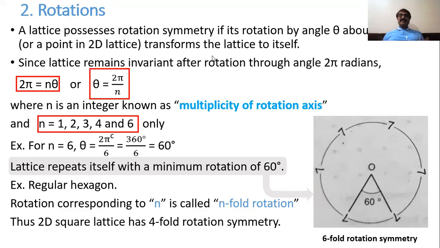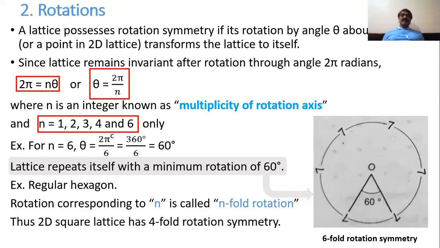The lattice remains invariant or unchanged after rotation. A lattice possesses rotation symmetry if its rotation about a certain axis by an angle theta keeps it invariant.